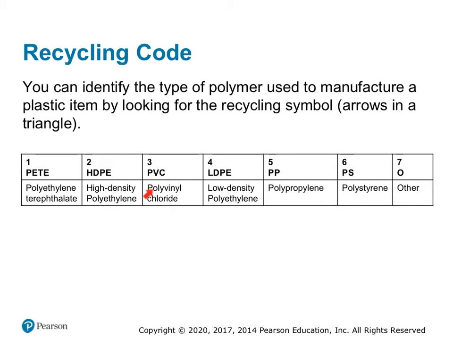There's PVC, which is polyvinyl chloride. LDPE, low density polyethylene. PP, which is polypropylene. PS is polystyrene, and then there's an other category as well. But these recycling categories can tell you what type of plastic is being manufactured.